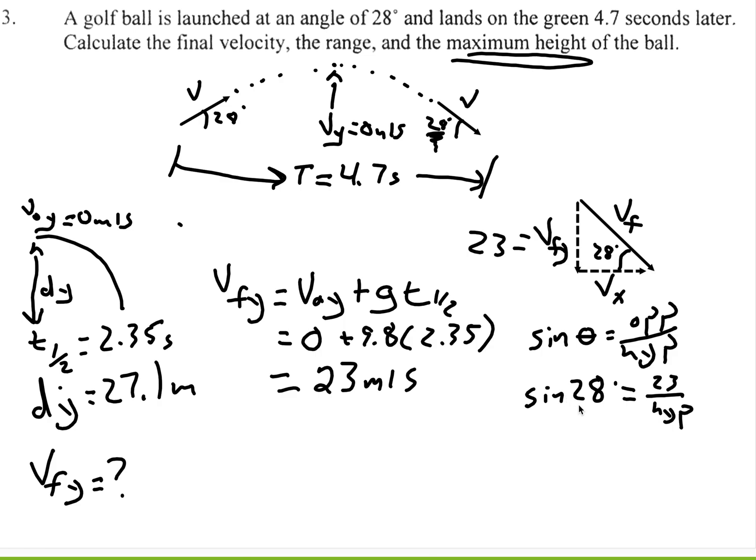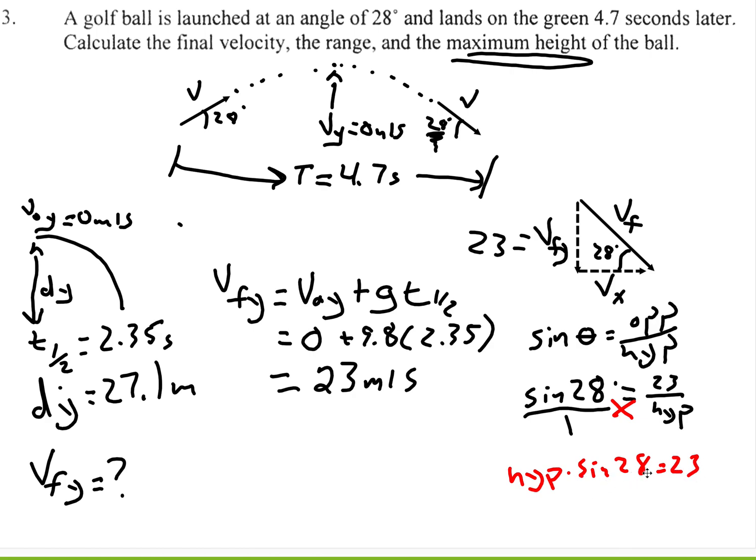Now, if I do algebra here, the easiest way to solve for a variable that's on the bottom, you guys, what I would do, because you're good at it, I would cross multiply. I would pretend this is a fraction. So the sine of 28 divided by 1, that makes it a fraction. And then I would just cross multiply here. So what I end up with is the hypotenuse times the sine of 28 equals 23.